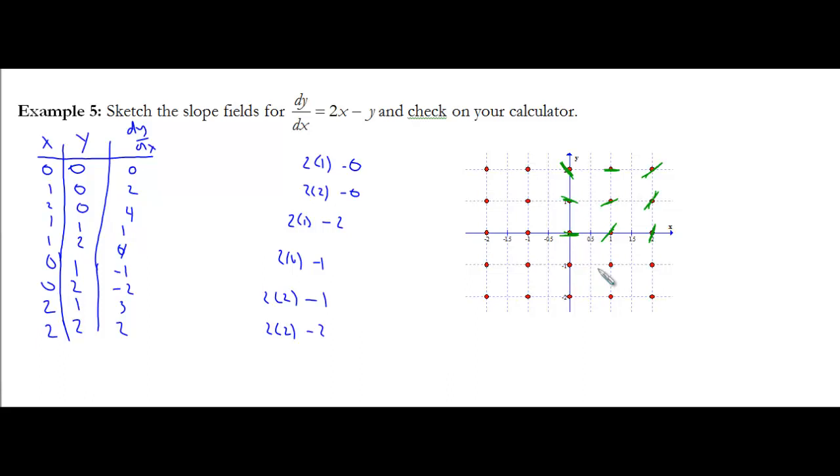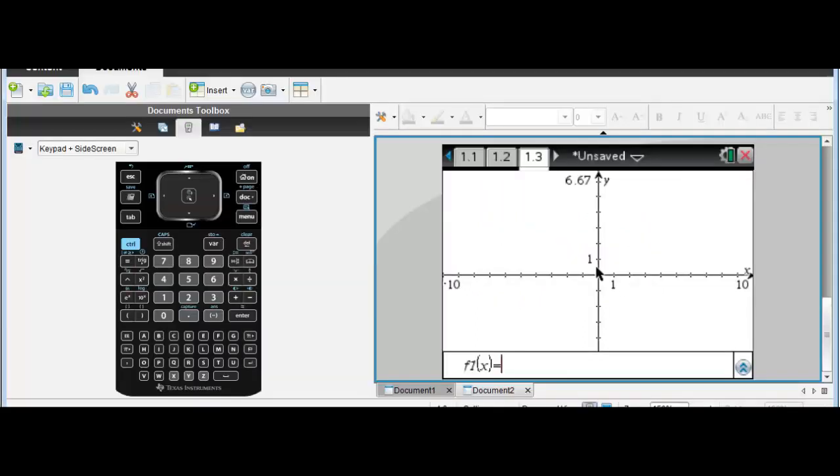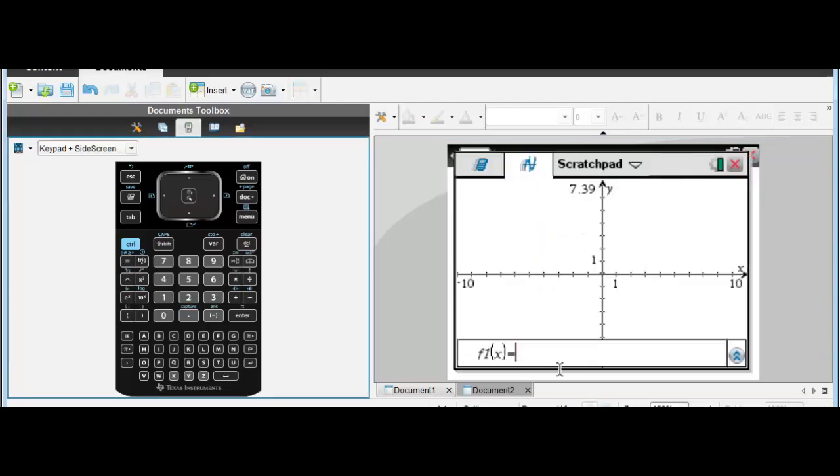So now we're going to check it on our calculator, and we're actually going to make it go through the point 0, 0. Alright, you can see we're back on our calculator, and we are going to let the calculator sketch the graph of dy/dx equals 2x minus y.